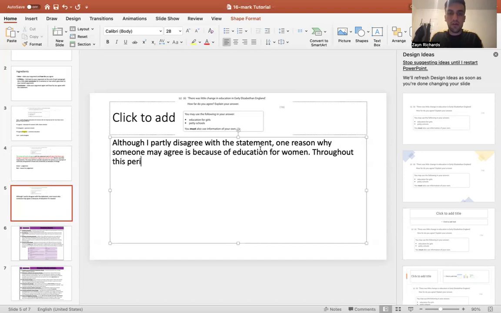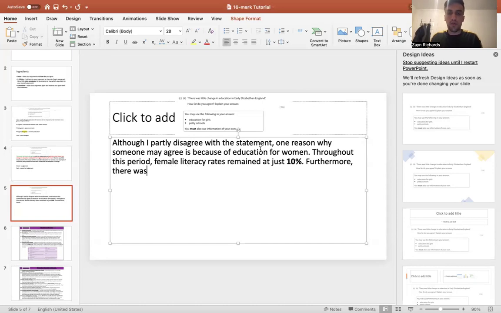Throughout this period, female literacy rates remained at just 10%. Furthermore, there's little education.